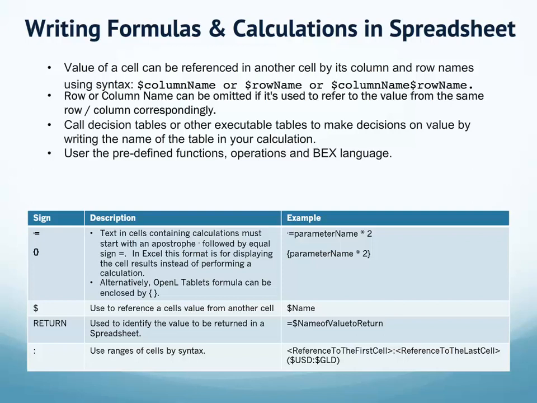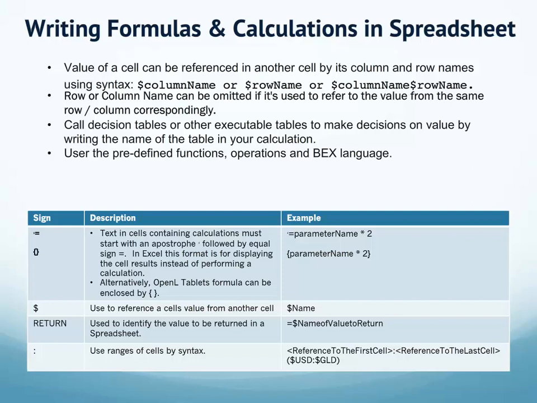Also, you can call another decision table or whatever executable table that you make by writing the name of that table in your calculation. You can use any of the predefined functions, and you saw that we used sum and round. You can use any mathematical operation, and you can also use the business expression language, which is discussed in the reference material.